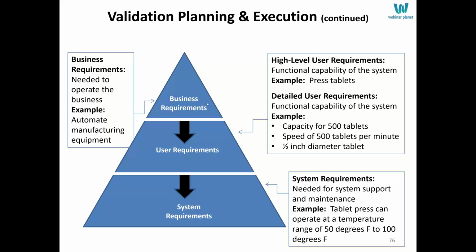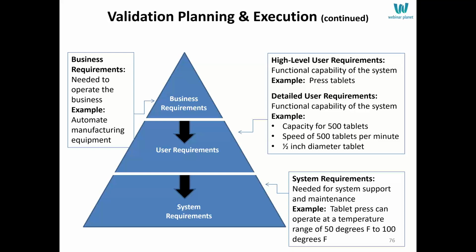At a very high level, you have the business requirements or strategy from the company that's driving all of this. So in this particular example, they want to automate manufacturing equipment. At a high level, in the middle section, you see user requirements. And these are at a high level, the functional requirements the system needs to perform stated by the user.